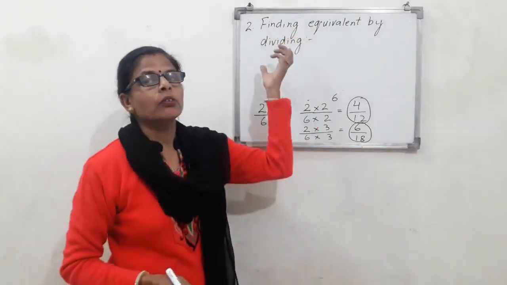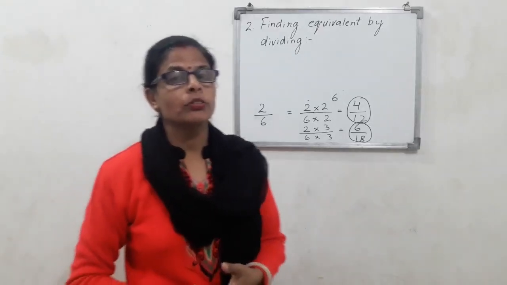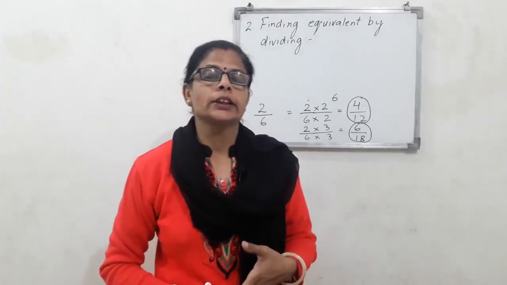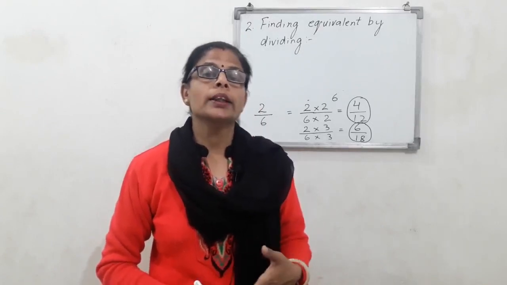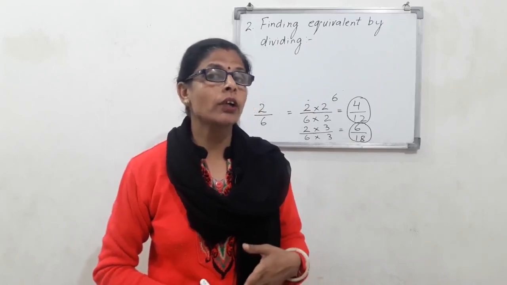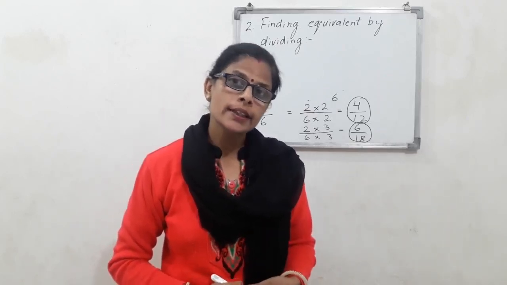How to find the equivalent fraction by the division method? In that, what you have to do is divide the numerator and the denominator both by the same number. You have to divide the numerator and the denominator by the same number.